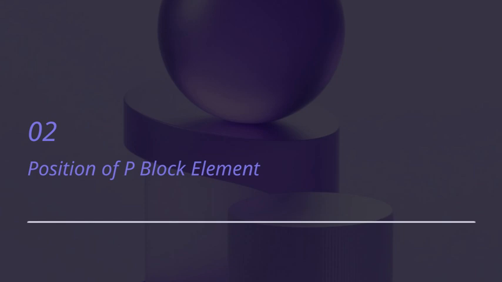This positioning also means they have their outermost electrons in the p orbitals, which plays a crucial role in how they bond and interact with other elements. Understanding where these elements sit helps us grasp their behavior in various chemical reactions and their role in both nature and industry. So, recognizing their position is fundamental to understanding their overall characteristics and applications.